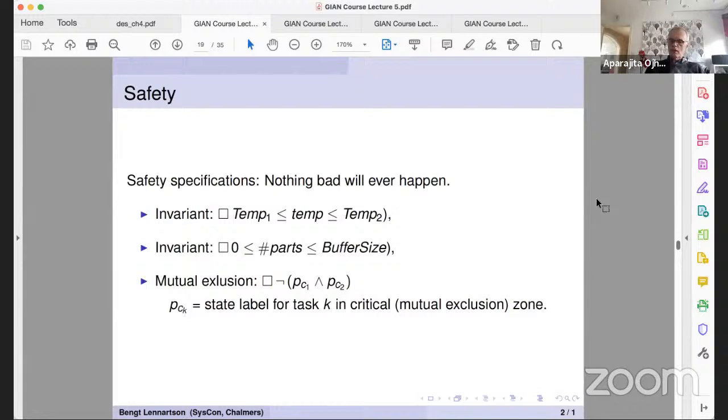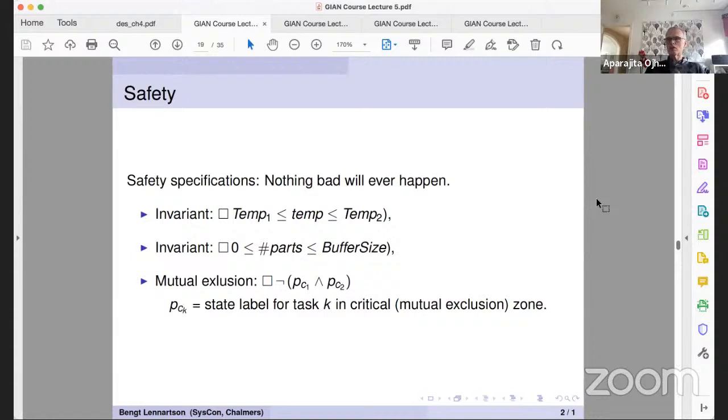Mutual exclusion is another safety specification, saying that if PCk is a state label for a task k in a critical zone, so if task 1 is in a critical zone, meaning that PC1 is true, then it's not allowed that another task is also in this critical zone. So PC1 and PC2 is not allowed, because that means that they are in the same zone.